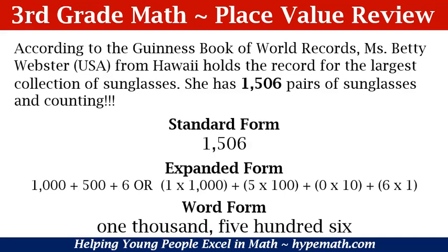If we look at the tens place, we notice that it's just 0. That is why it's 1,506. So you can either put the 0 times 10 or you can leave it out. Plus, moving along, 6 times 1. And in word form, that is 1,506 spelled out. Again, because we do not have a number in the tens place, there's nothing for us to put, okay?